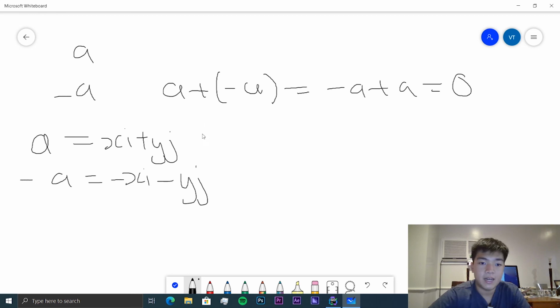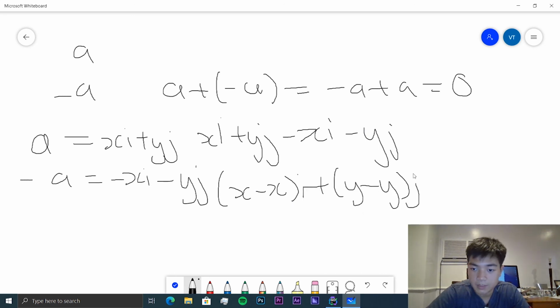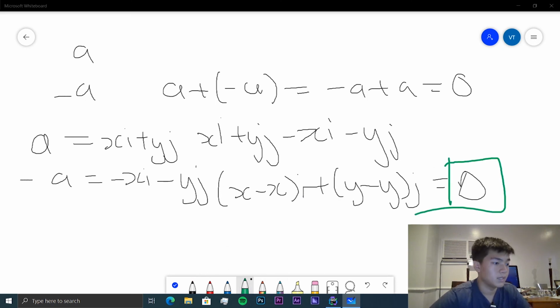So A plus negative A is Xi plus Yj minus Xi minus Yj. So this is equal to (X minus X) i plus (Y minus Y) j, which is of course equal to 0. So that is our answer. Yep, so that proves that property.